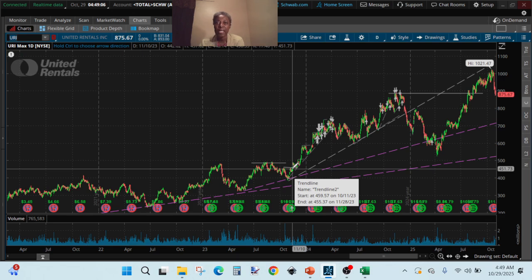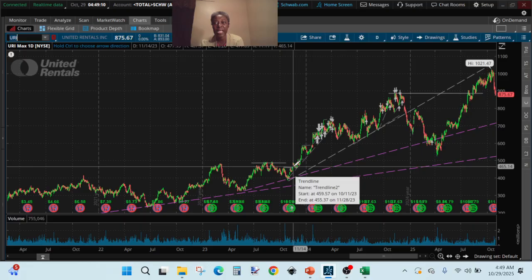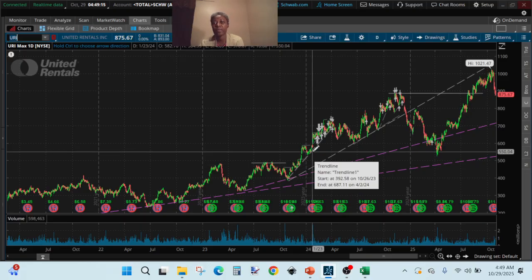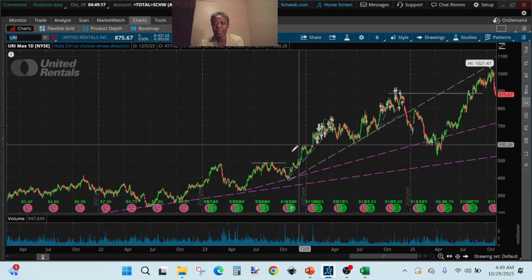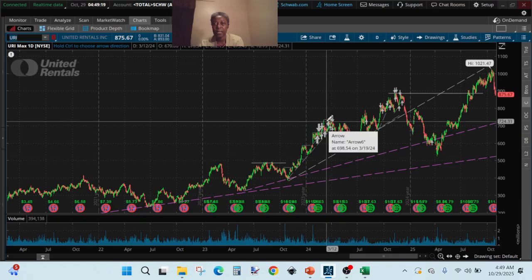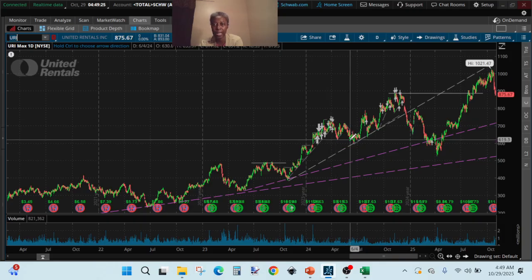After I see a few higher lows, I will purchase the stocks or some shares, and then when it reaches some highs, I will sell it to lock in my profit before it starts going down.